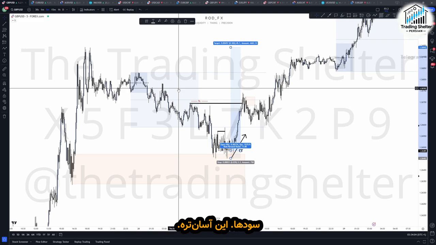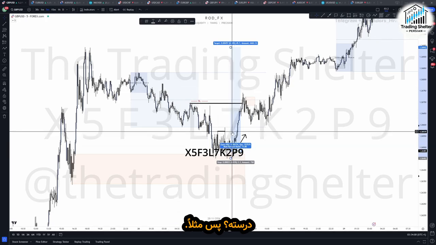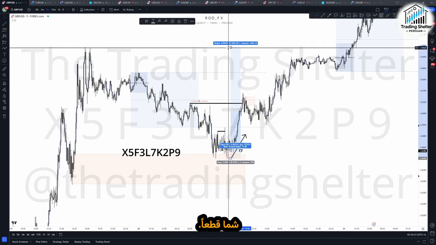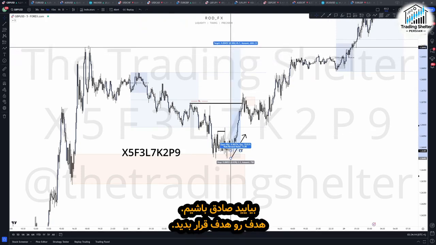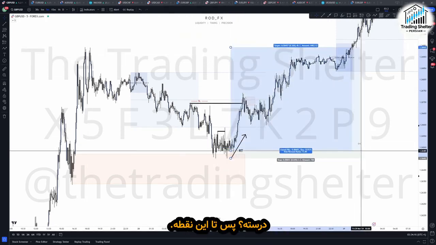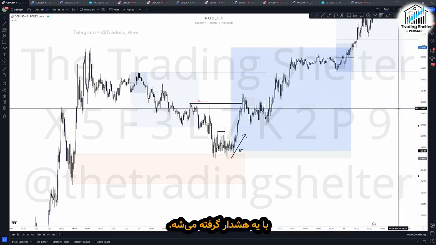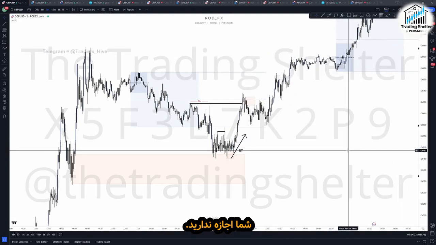This is easier. You're not really in this trade, right? So example, if you were in this trade with this reverse technique, you would, of course, let's be honest, target the moon, right? So until this point is taken with an alert, you are not allowed to take any shorts until the TP is hit.